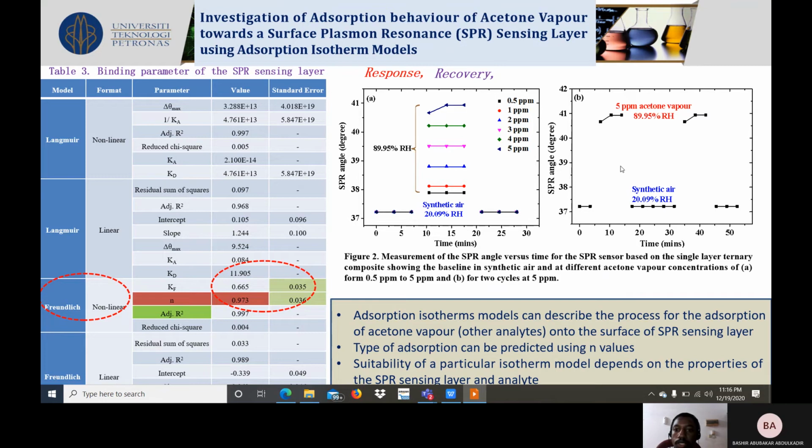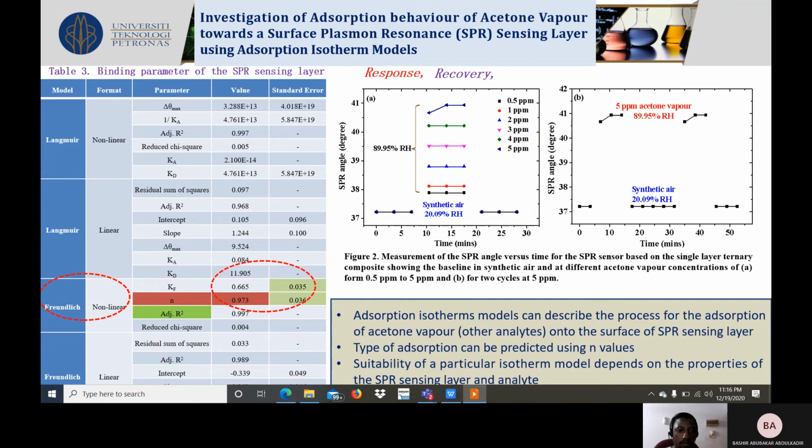We conducted the experiment using 5 ppm acetone vapour. These are 2 cycles: this is the first cycle and this is the second cycle, and the recovery is almost 100%, which shows the excellent behavior of this sensor layer.